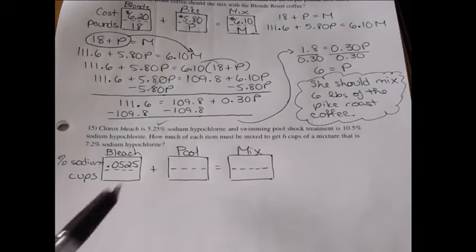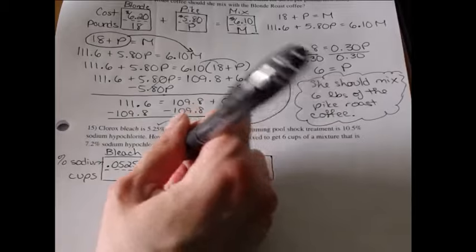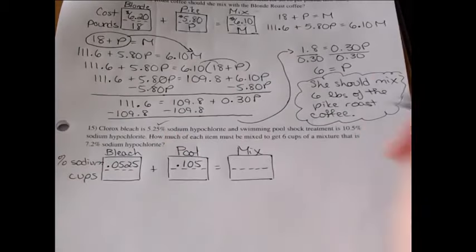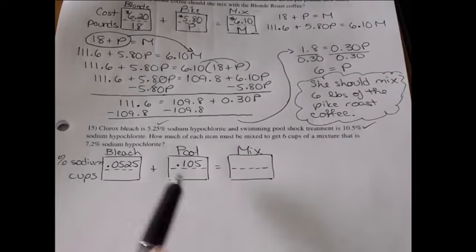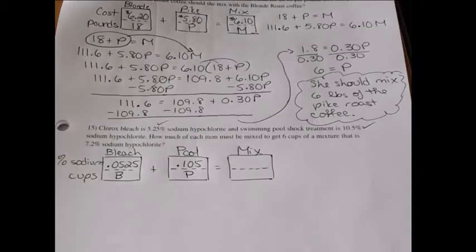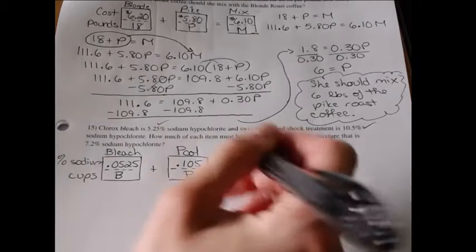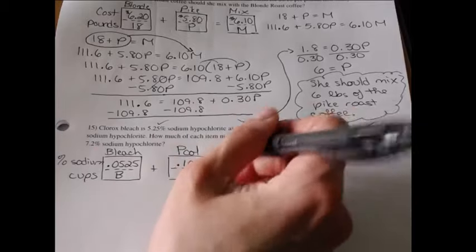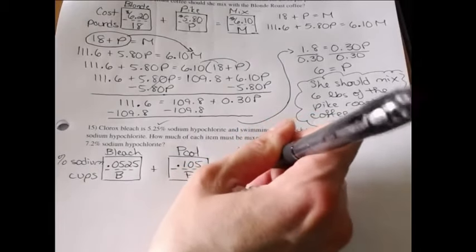For the pool shock treatment, it's 10.5%, so that's going to be 0.105. It says how much of each of these, so let's call this B and let's call this P. How much of each of those should be mixed to get 6 cups of a mixture that is 7.2%, so 0.072.